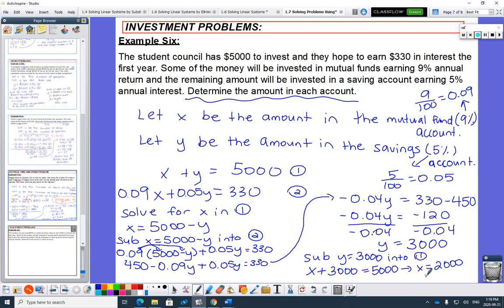I'm running out of room. Okay, write a good sentence. So therefore, there is 2,000 in the mutual fund and 3,000 in the savings. Or if you chose 9% and 5%, that's fine too. You don't have to write the words.